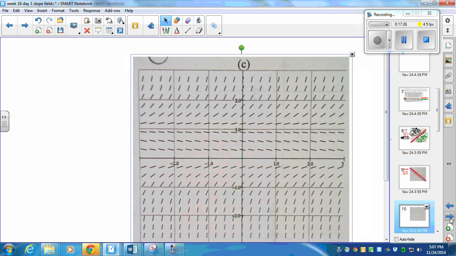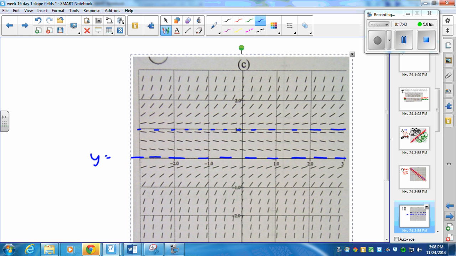Let's look at this one. Now, one thing to notice, again, focus on where it is 0. It seems to be zeroing out here. So it is 0 when y equals 0 or when y equals 1. The next thing I want you to realize is, everywhere horizontally, do the ticks change?